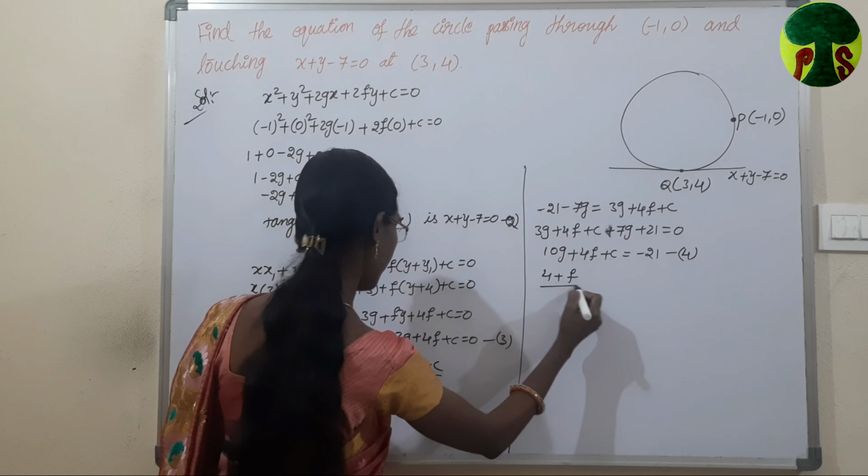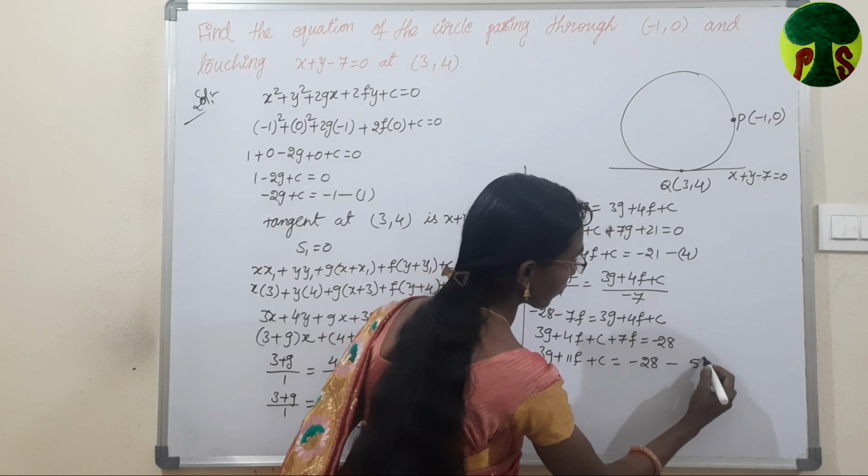Bringing minus 7f to this side, we will get plus 7f is equal to minus 28. So 3g plus 4f plus 7f, that is 11f, plus c is equal to minus 28. Let it be equation 5.